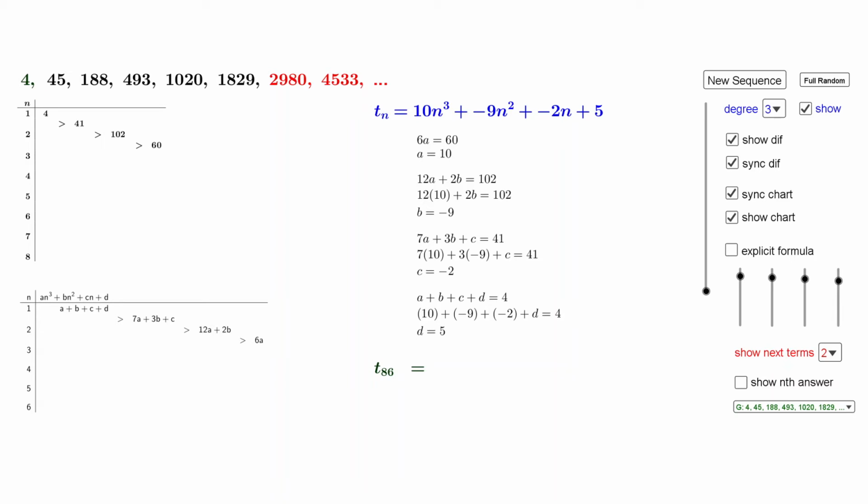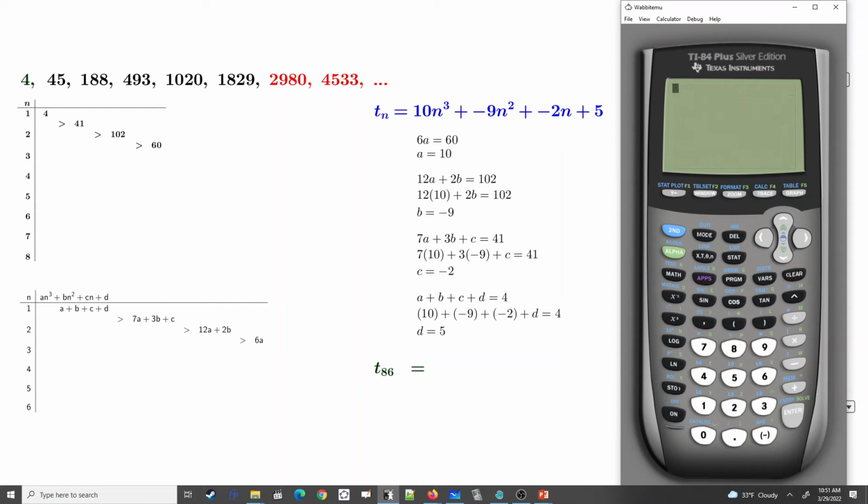I'm going to recommend you check it out. So take your calculator. You can manually just go 10. Since I wanted to figure out what my 7th term is, because this is 1, 2, 3, 4, 5, 6, 7, I could check that out, see if I do come up with 2980. So I could go 10 times 7 raised to the 3rd power.